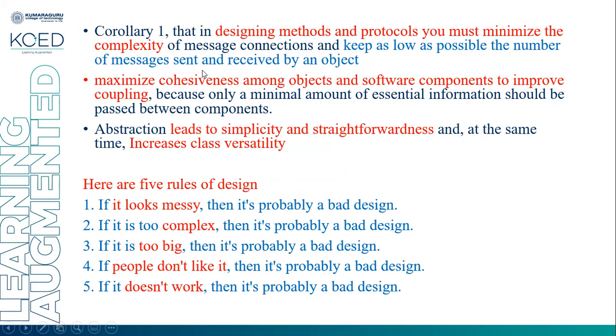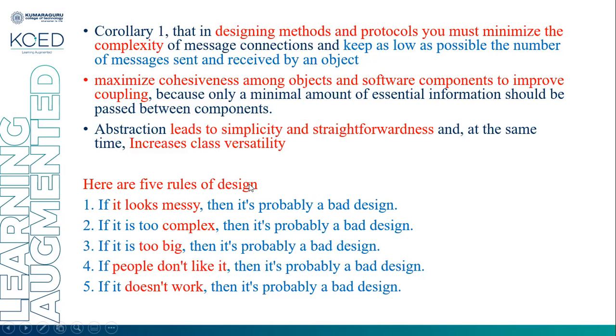If you maximize the cohesiveness, the coupling will decrease, because only a minimal amount of essential information should be passed between the components. Abstraction leads to simplicity and straightforwardness. At the same time, increase the class visibility.